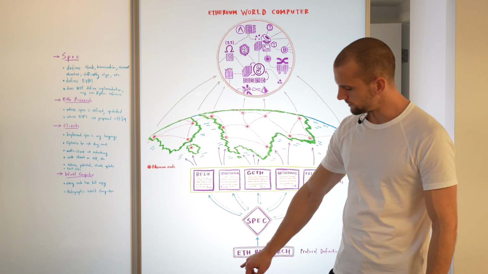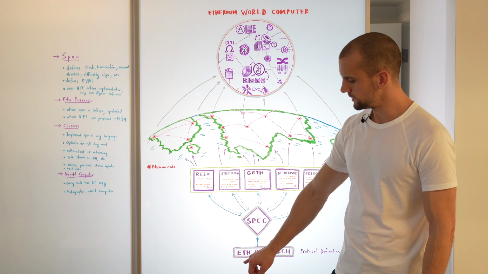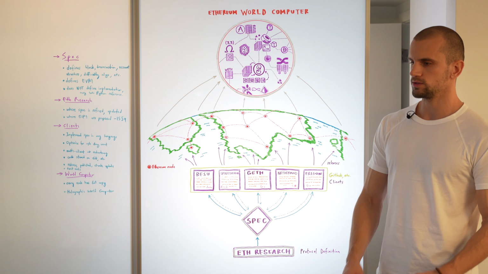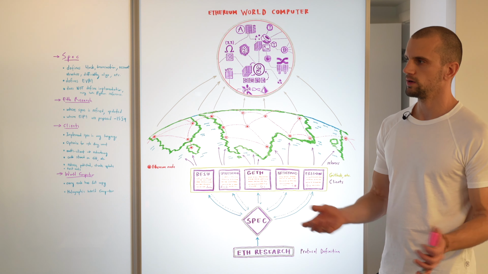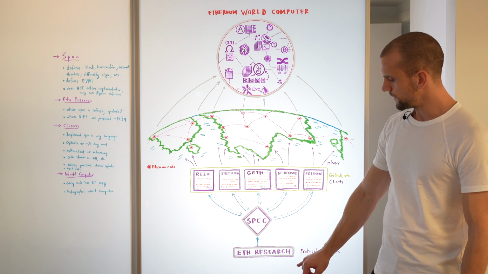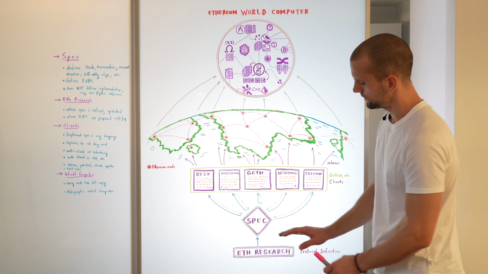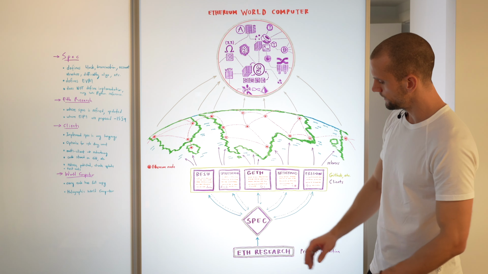So you take something like EIP 1559, which is the fee burn mechanism that made its way through eth-research, and there's a thread with thousands and thousands of comments. People discuss it and refine it and so on, and eventually it makes it into the spec. And actually this isn't quite as linear a flow as it looks.